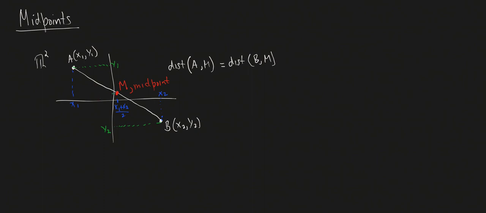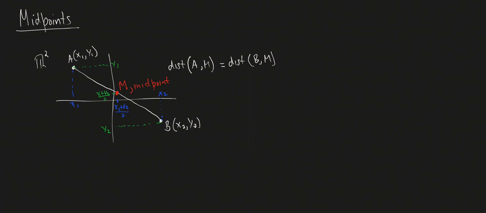So this would be y1 plus y2 divided by 2. That means the coordinates of the midpoint of that line segment would have an x value that's an average of the two x's, and a y value that's an average of the two y's.